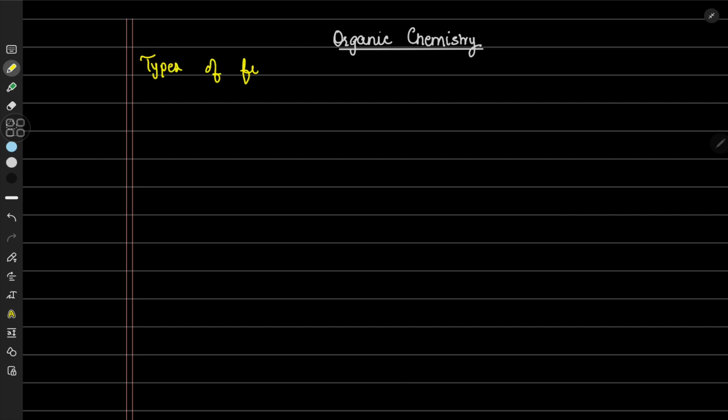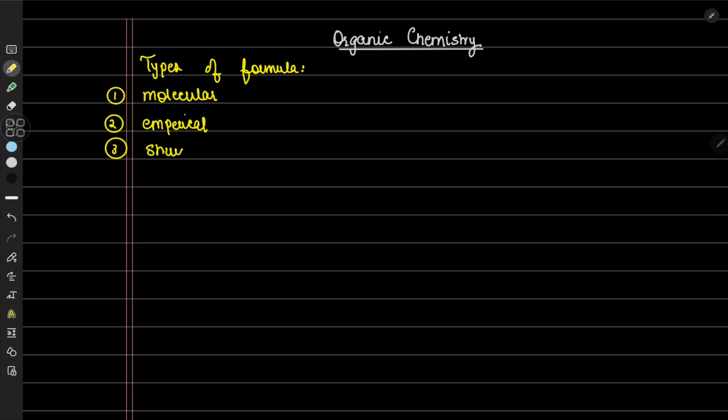When you're talking about organic chemistry, there are essentially 5 types of formula that we'll be talking about. The first one is molecular formula. The second one is empirical formula, right?